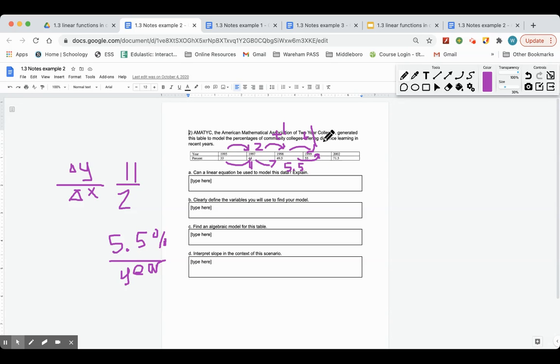The last one we need to check is going from 1999 to 2002. That's the last pair. If you count, from 1999 to 2002, that's 3 years, so that's a plus 3.